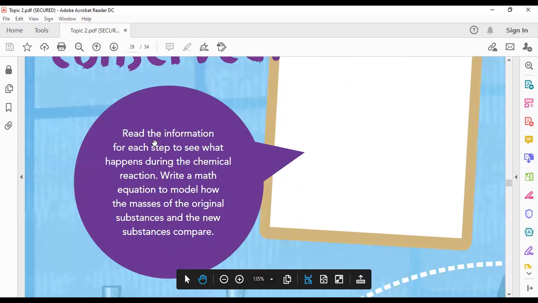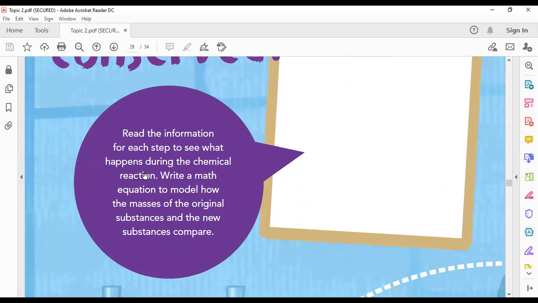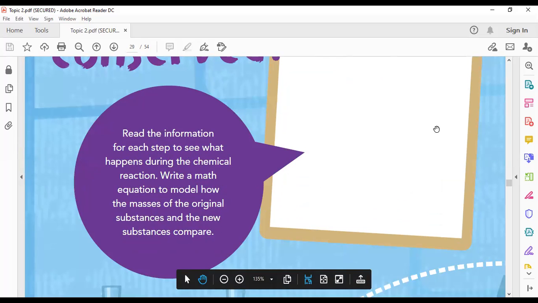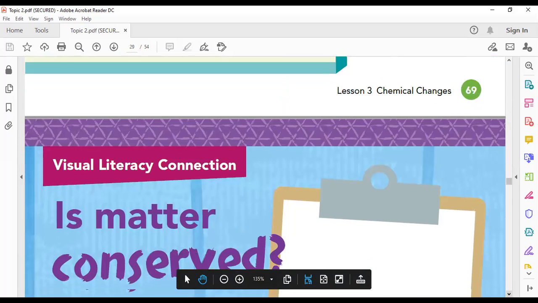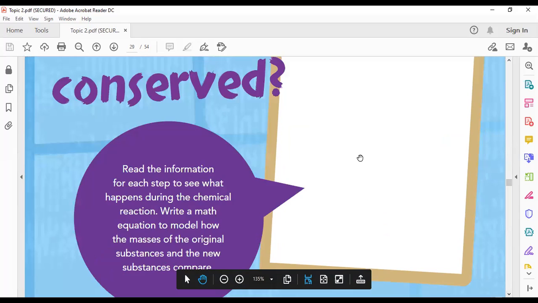Now read the information for each step to see what happens during the chemical reaction. Write a math equation to model how the masses of the original substances and the new substances compare. What is the equation? Can you write it? It's very simple.